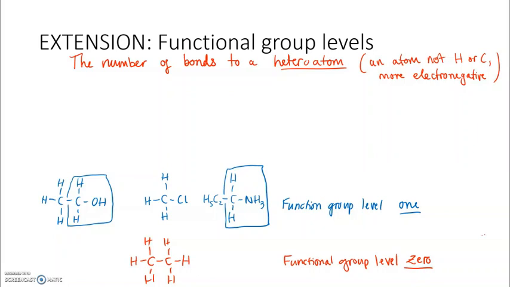So the next level up, we could have, for example, a dihalogenoalkane like this, where the carbon has 2 bonds, 2 heteroatoms, and so this gives us a functional group level of 2.